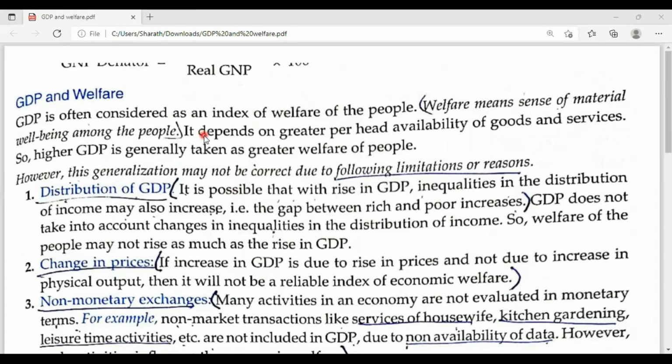I hope you are able to see the screen sharing. So you could see GDP and welfare. Let's try to understand what this welfare is. When can you say an economy is proceeding towards welfare? Welfare is nothing but a sense of material well-being among the people. If people are getting the essential goods and services to lead their livelihood, we could say those households are attaining well-being.